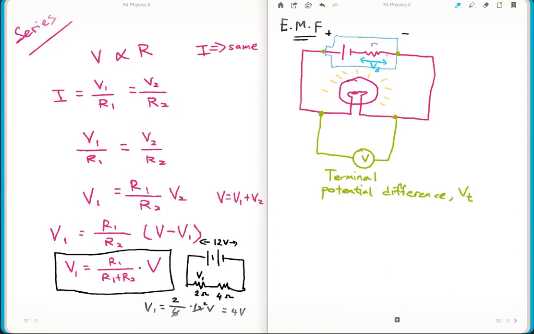It's inside the cell. Then the one here is called the EMF, electromotive force, E. The definition is quite the same. It's just that it's work done.